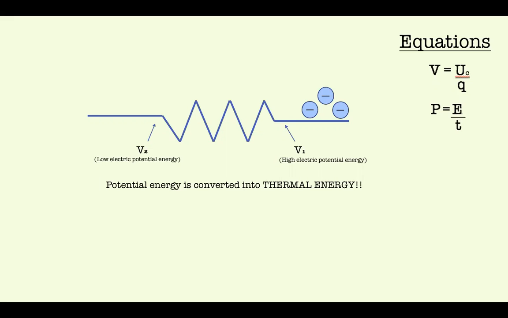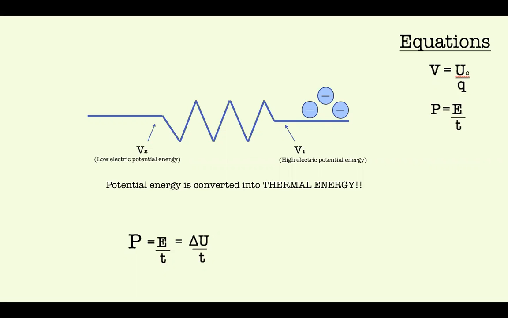The energy in this equation is the amount of energy gained by the resistor, which is also the difference in potential energy, because we went from a high electric potential energy state to a low. So the amount that we lost is going to equal the amount of energy in our resistor. So below, we can use this equation by saying that power equals the amount of energy over time, which also equals the change in electric potential energy over a specific period of time.